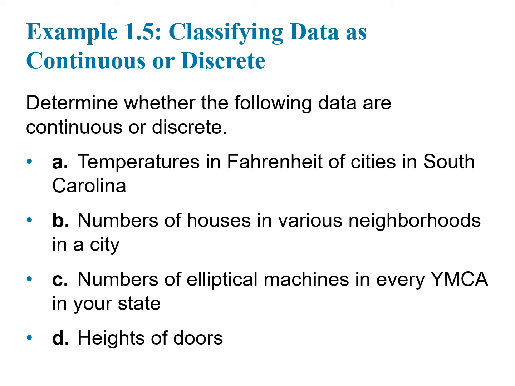In this case, our variable is temperatures. So do we measure temperatures or do we count temperatures? Typically, we are measuring temperature. So if we're measuring, that's going to be a continuous variable.